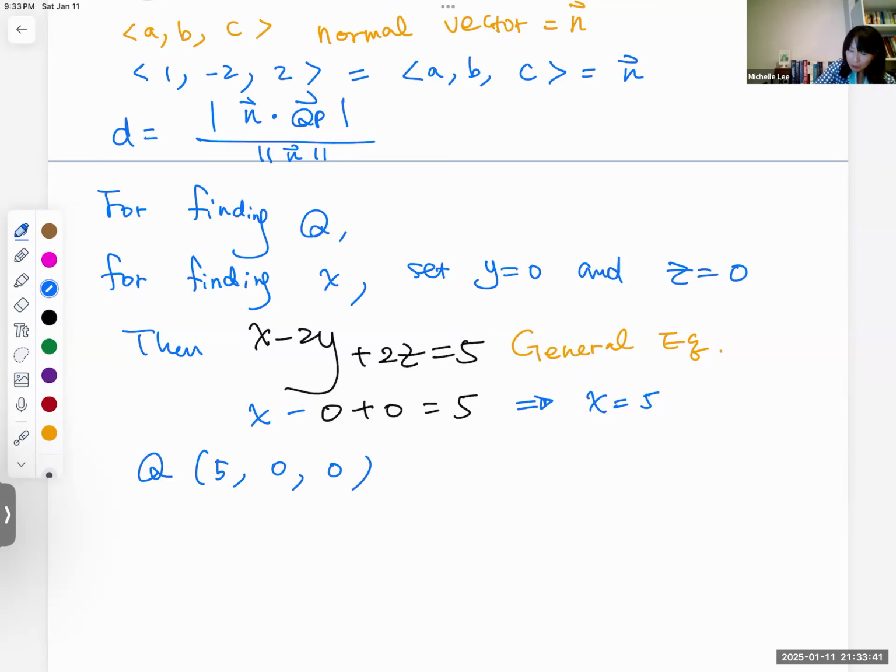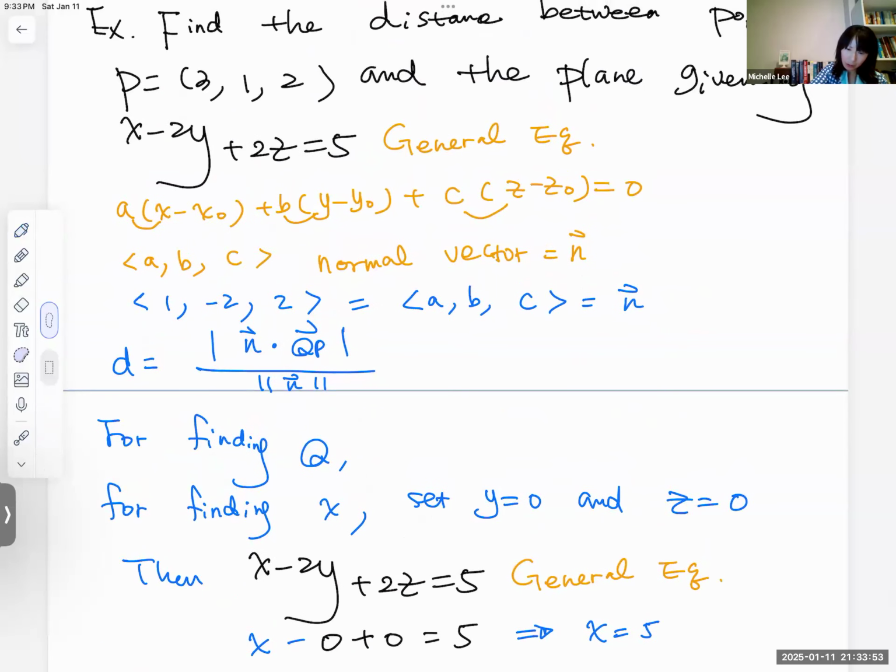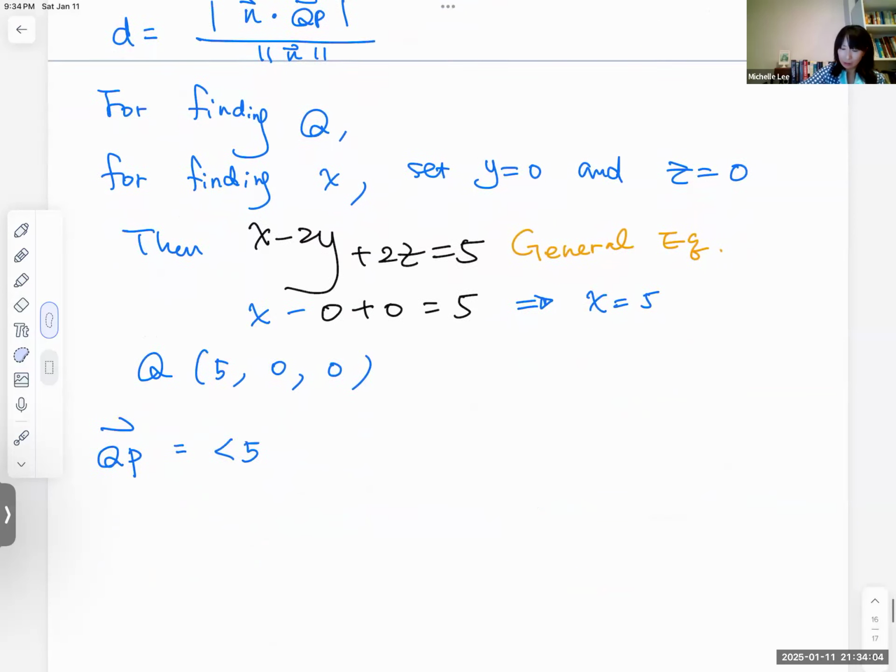Okay, now QP, we want to find the vector. So Q is 5, 0, 0 and P equal to 3, 1, 2. Hold on one second.